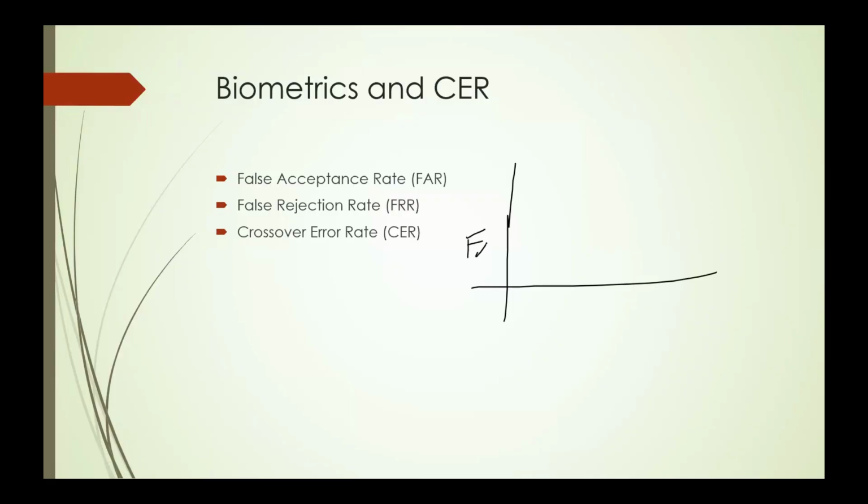So this is the meeting point where FAR and FRR meet. This is very important, and a lower CER means better biometric system accuracy. So we need to remember this.